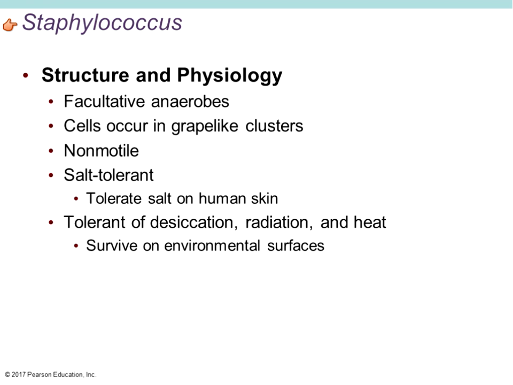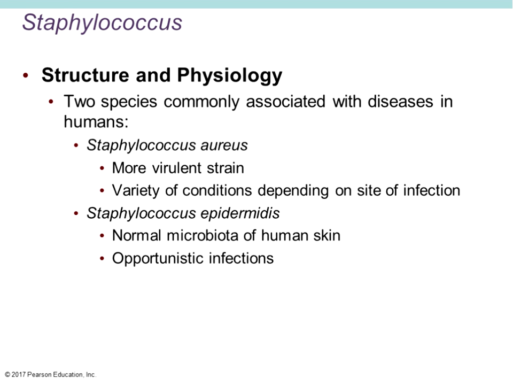The saltiness of your skin, or that high NaCl content of your skin, helps it to retard most microbial growth, except for those that are in this Staphylococcus group, because they can tolerate that. Staphylococci are tolerant of desiccation, radiation, and heat, and they are even able to survive on various different types of environmental surfaces, such as your lab bench, if you do not properly sterilize it.